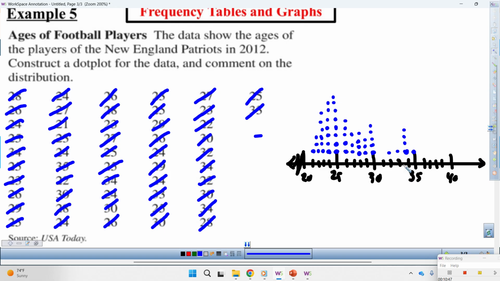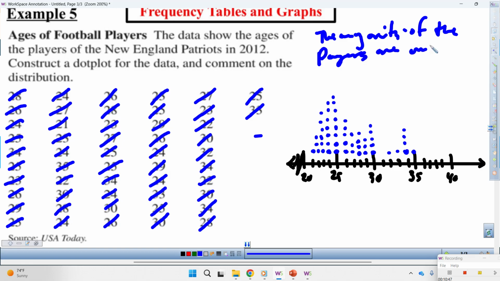Conclusion, Isaiah. The majority of the players are under 30. How about we do between?